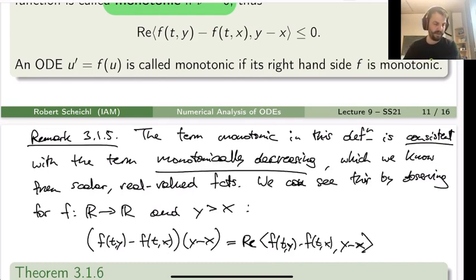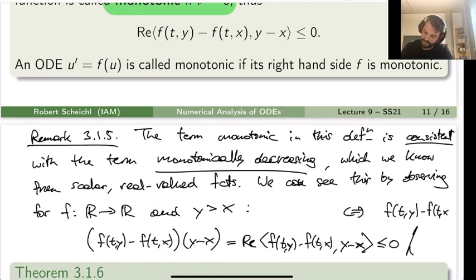And since we assumed that f is monotonic in the sense of the definition, then this is less than or equal to 0, which actually is equivalent to f(t,y) minus f(t,x) being less than or equal to 0, because we can just cancel this y minus x since we assumed y is strictly bigger than x.